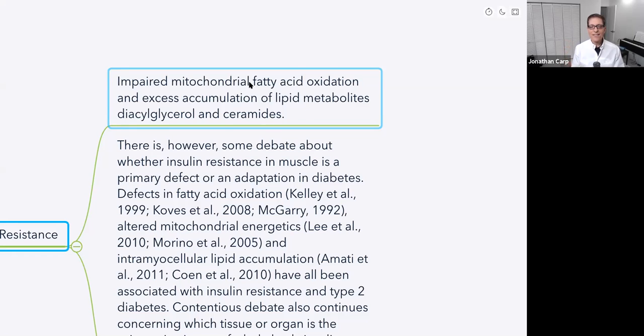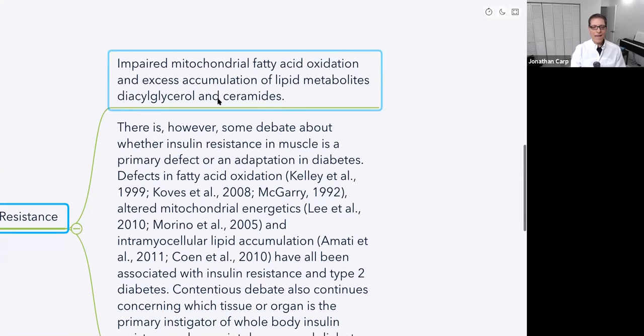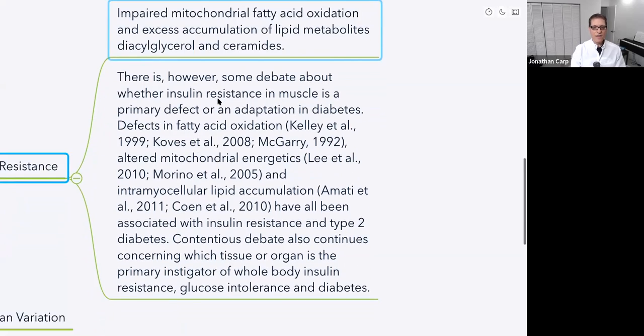So you get this insulin insensitivity. Your insulin levels go up, but they're not doing what they did before. So you're getting impaired use of fatty acids. In other words, your mitochondria, which are the powerhouse of the cell, are getting to be impaired, and you're getting buildup of fat that can happen actually inside the cell.